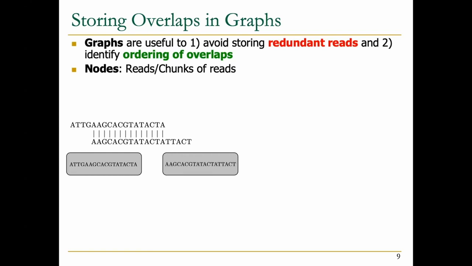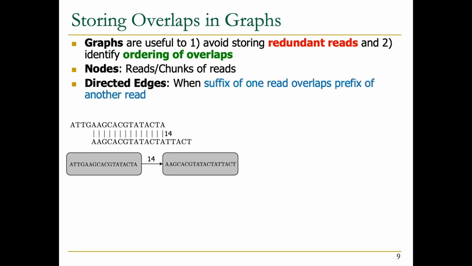So we have a node for each read. And we also know that these reads may be overlapping, right? For that, we use edges: if two reads are overlapping, we create an edge between them to store the information that there is an overlap between these two reads.